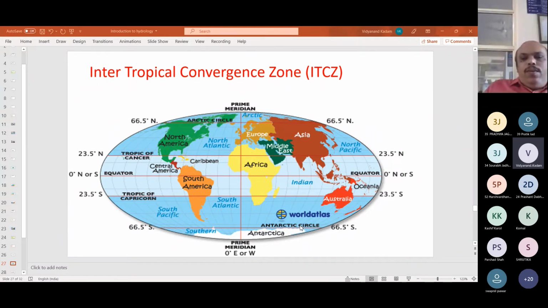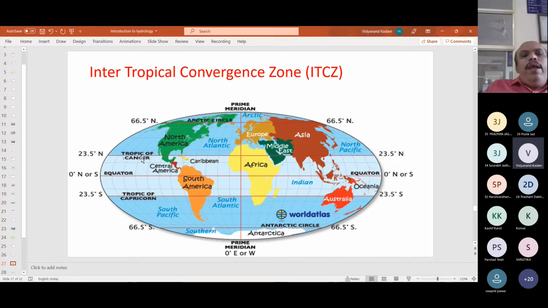So this is the earth, we can see. There is an equator, there is a tropic of Cancer at an angle of 23.5 degrees towards north, and there is a tropic of Capricorn towards south.